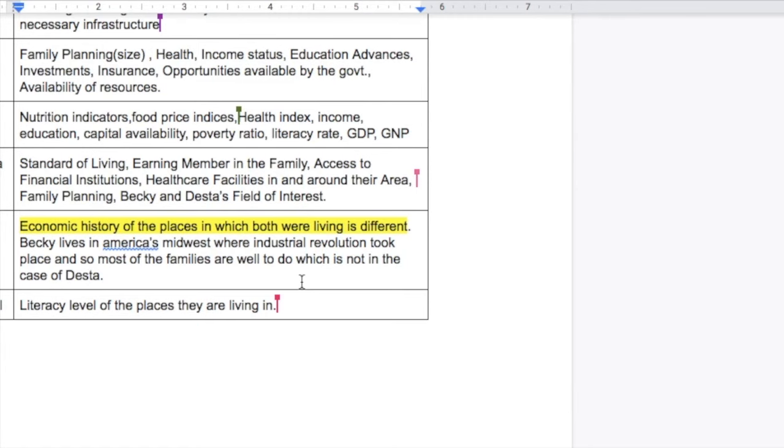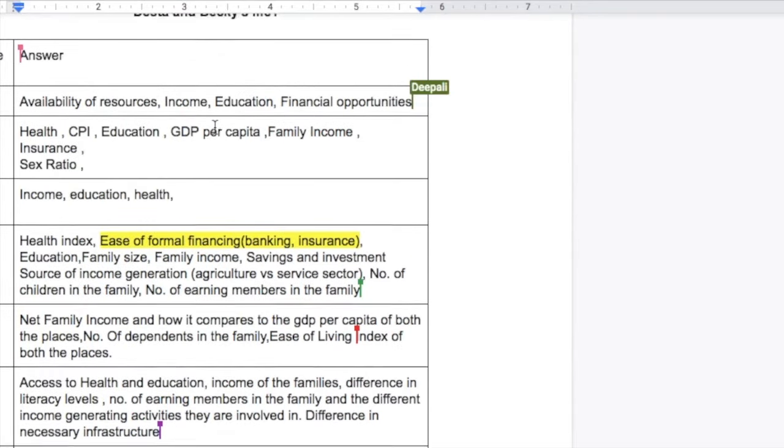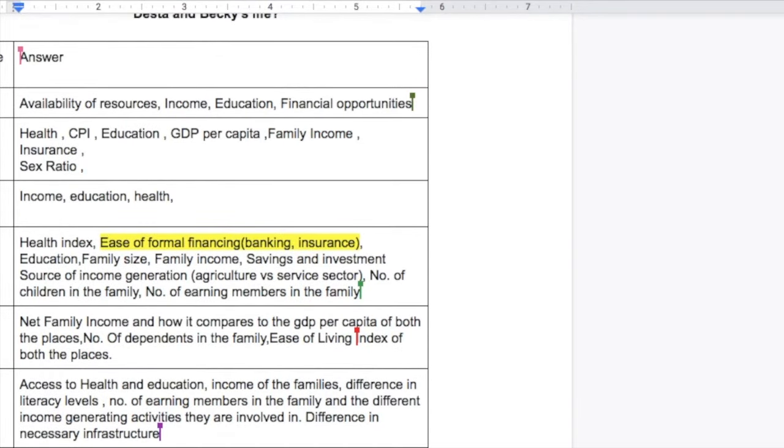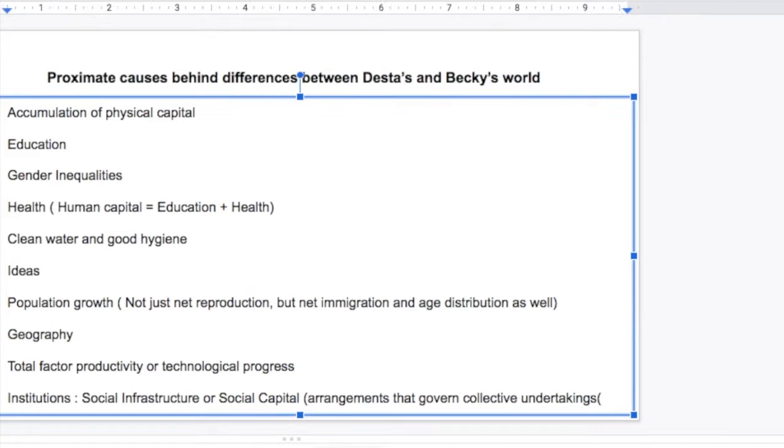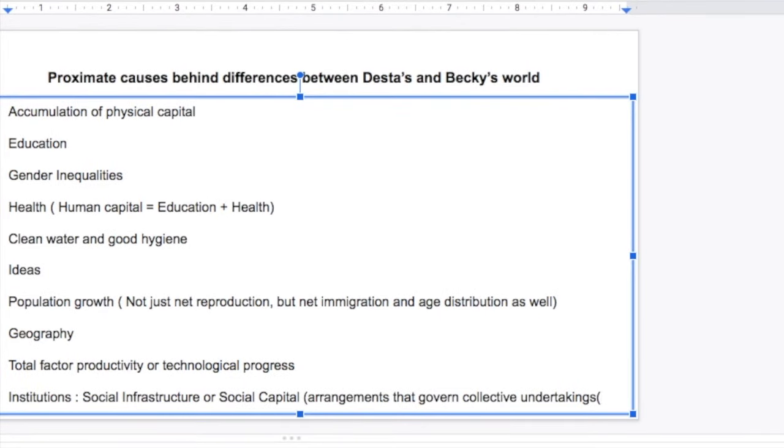Right. We don't really talk about these factors so often when we discuss differences in growth of developing and developed economies, but it's interesting that you have mentioned some of these points here. So let's look at these points and then compare your answers with the list of factors mentioned in your text.